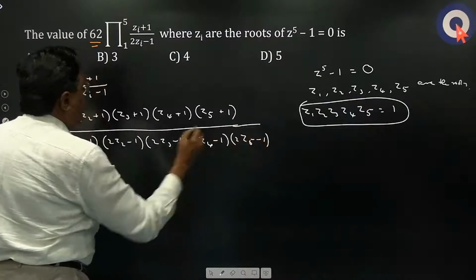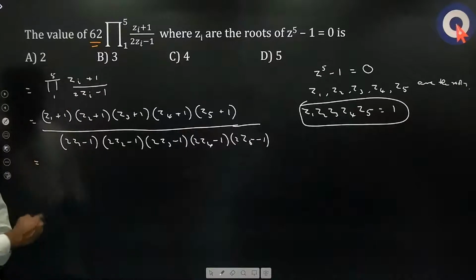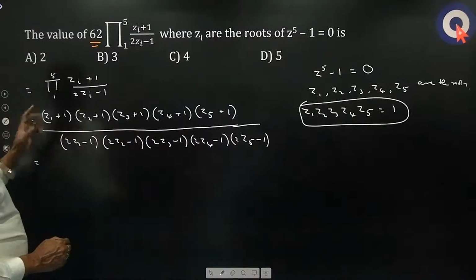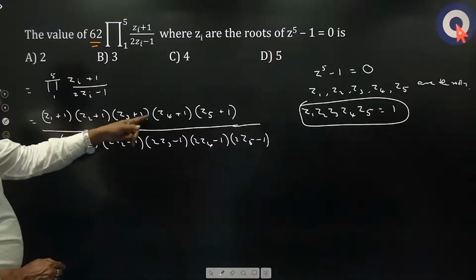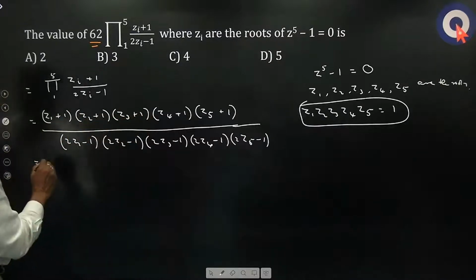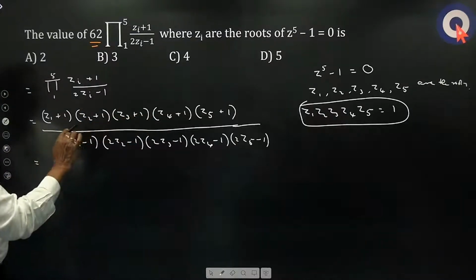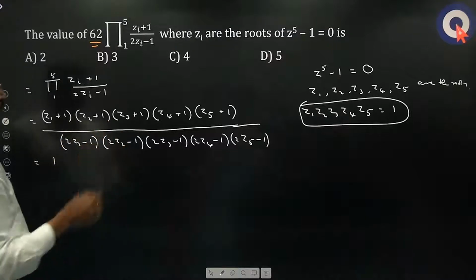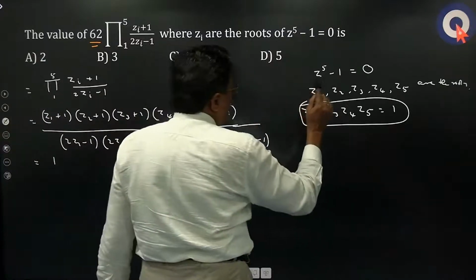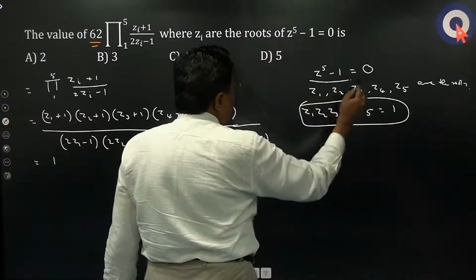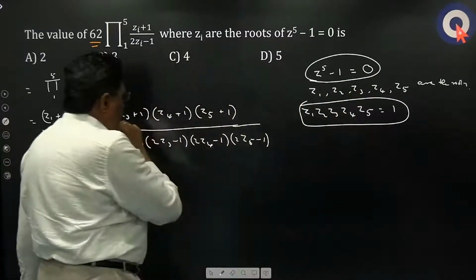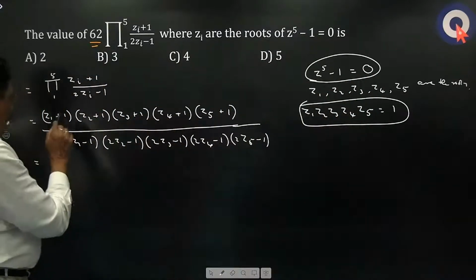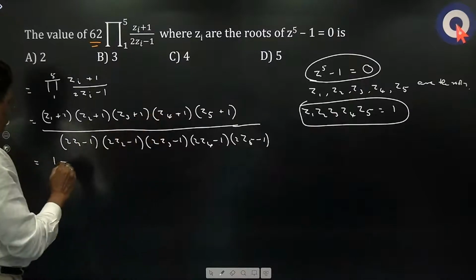If you consider this, here z1, z2, z3, z4, z5, that product is 1, and all other products become zeros because z power 4, z cube, z square, z, those terms are not there. So therefore, all other terms will become 0, and 1 multiplied by 1, so that is 1.